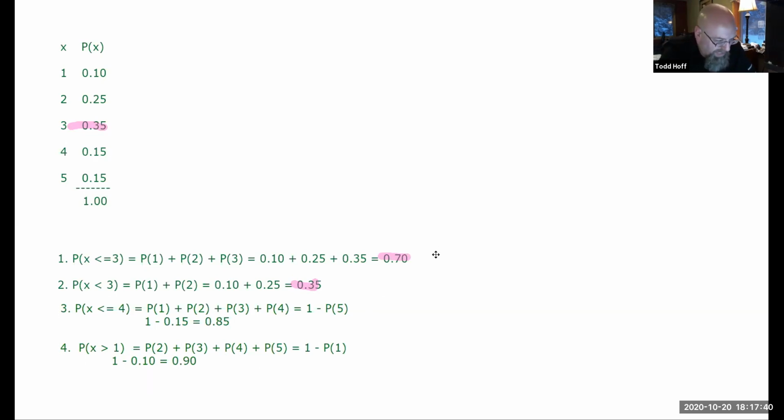Next, let's talk about finding the mean of a probability distribution. It is called the expected value. And the notation is E of x, expected value of x. Step 1 is you're going to multiply x times p of x.